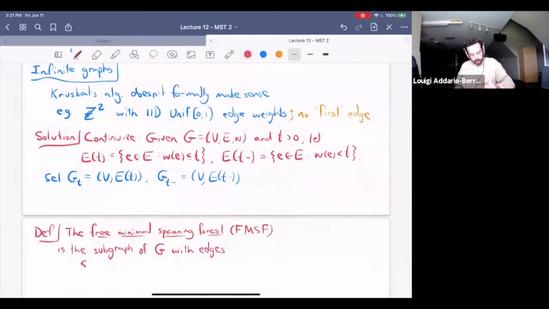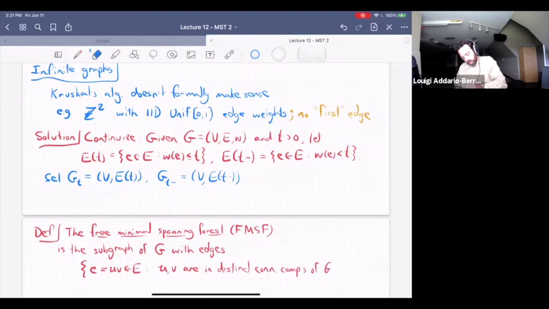It's the set of edges uv of E such that u and v are in distinct connected components just before the edge uv is added, so of the graph G of this process at time w(e)^-.